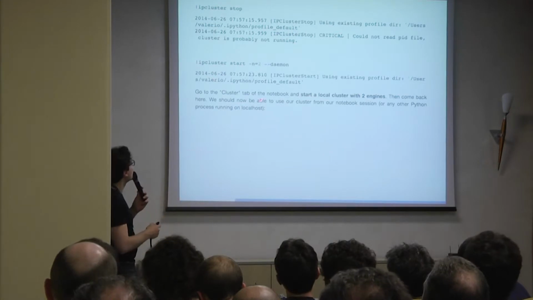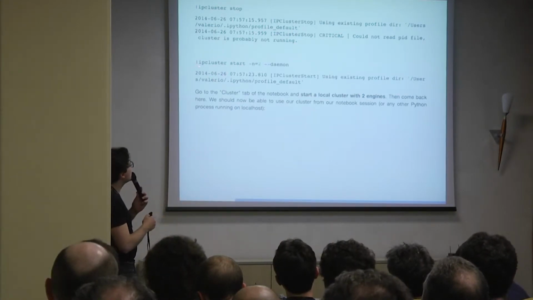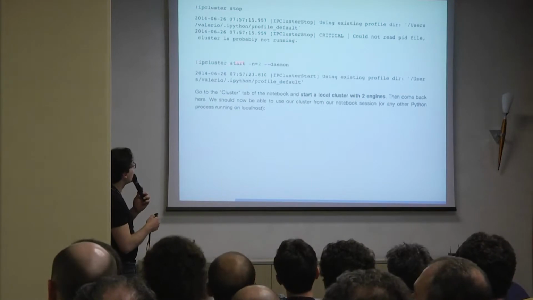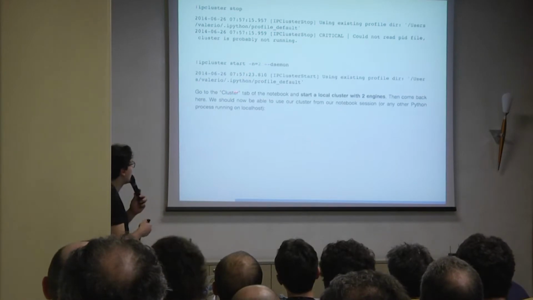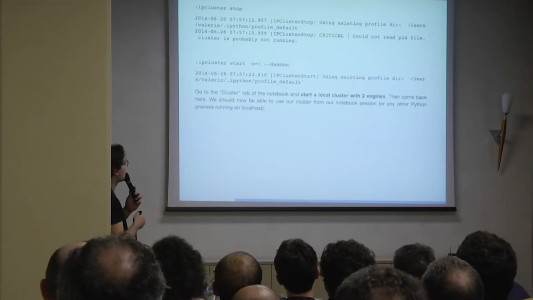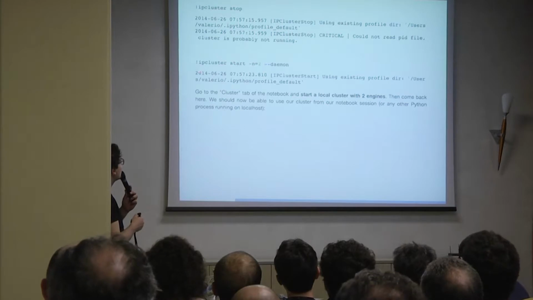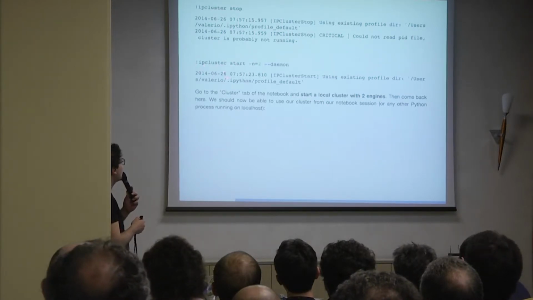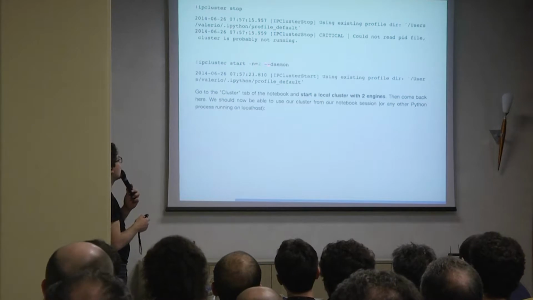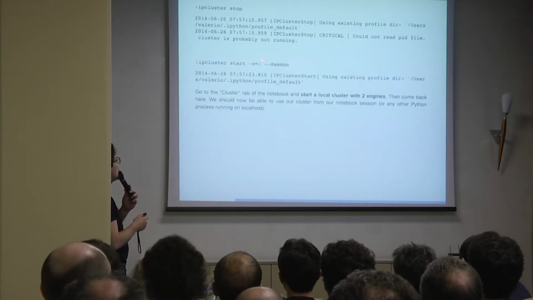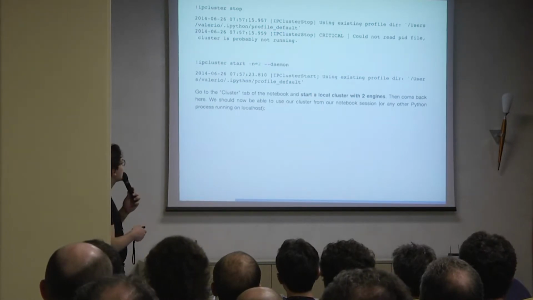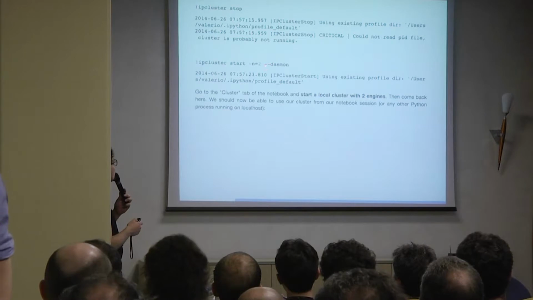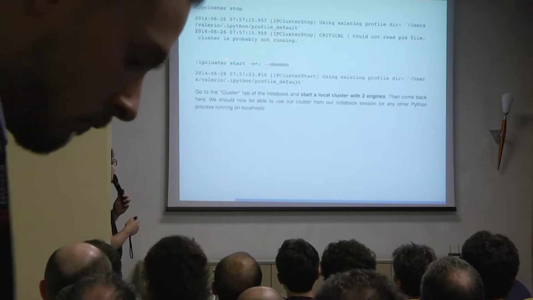You need just to run this command. This command is typed directly in the IPython notebook, but it's exactly the same in a terminal shell. You have to type ipcluster start -n 2 in this case, which tells the number of processes we want to run in parallel at each computation, and --daemon just to tell that the ipcluster process should be run in daemon mode.